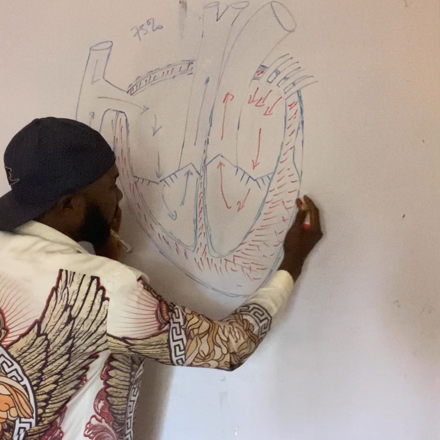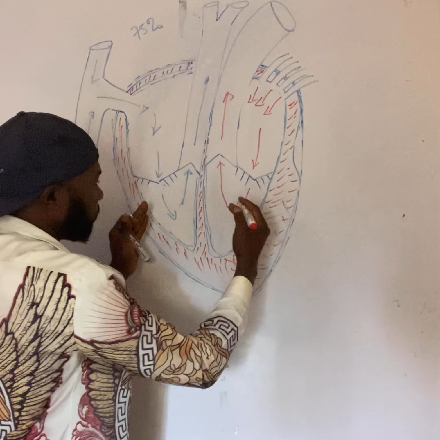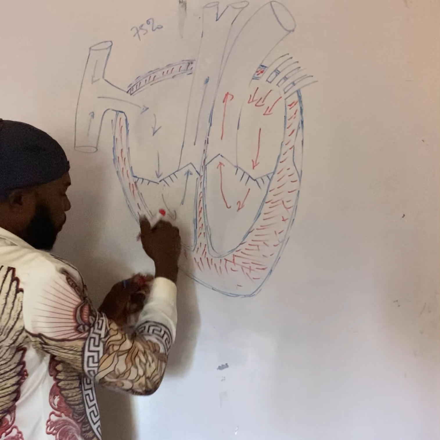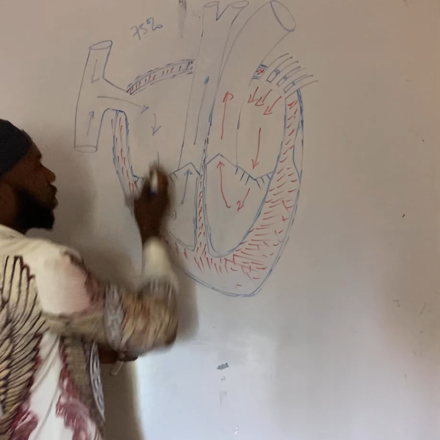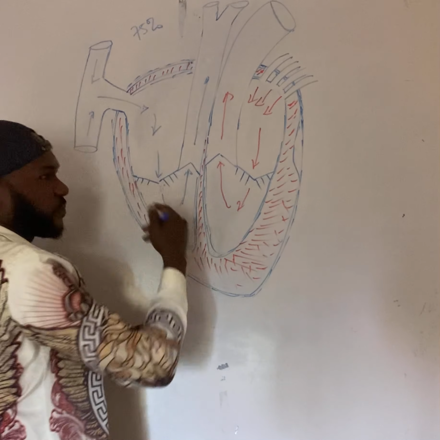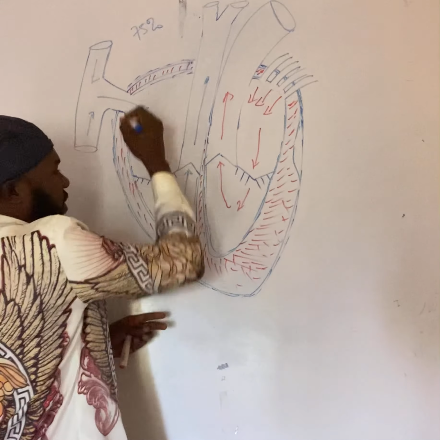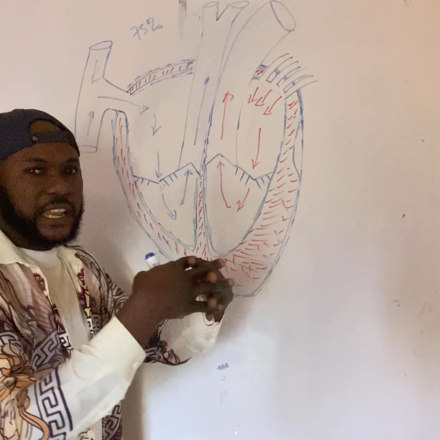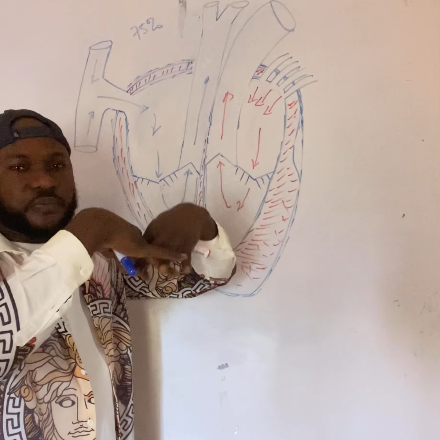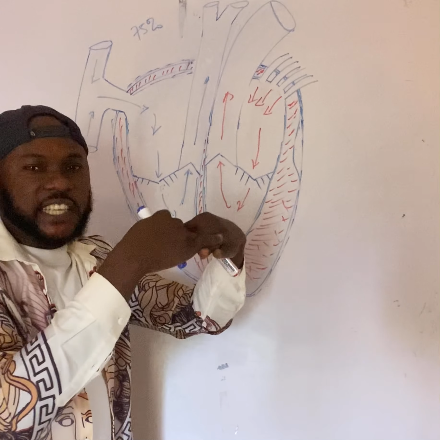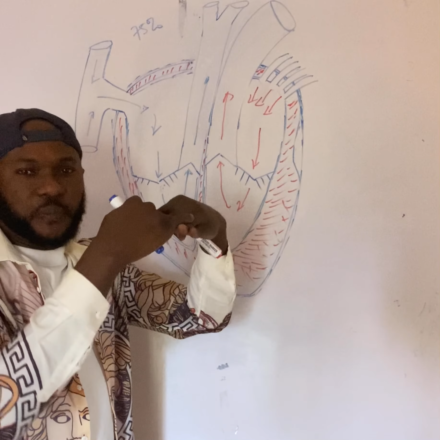So the contraction of this ventricle will push some blood to regurgitate back, to go back. And when they try to go back, the valve will not allow them, okay? The valve will lock up. And that is when you hear a sound, lub, lub, in your heart.